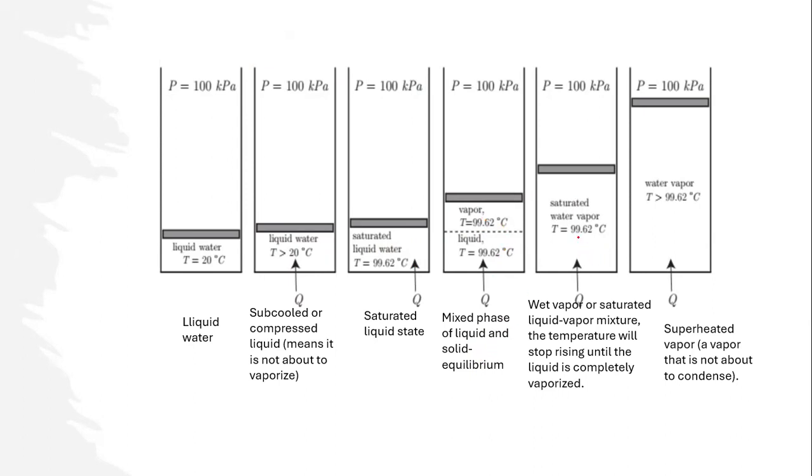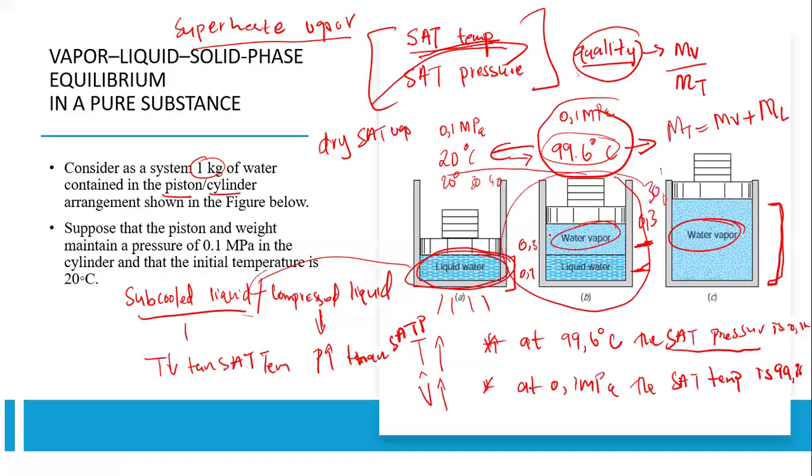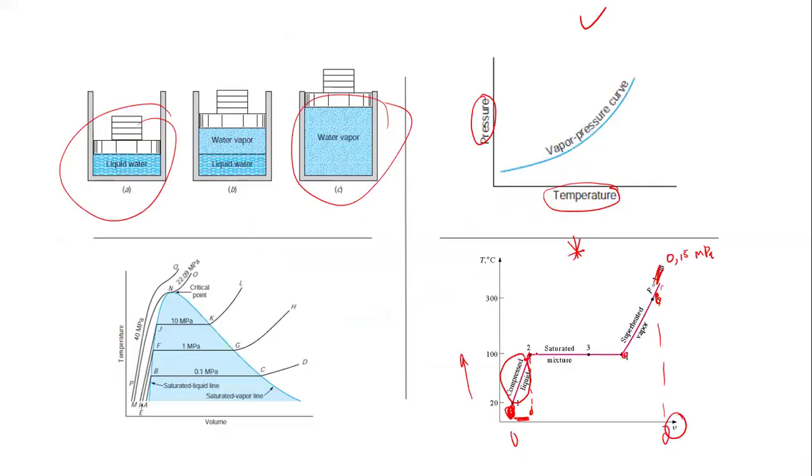And then when the temperature reaches this, whereby now we have the equilibrium, we say saturated liquid-vapor mixture. The temperature will stop rising until the liquid is completely vaporized, right? This is where we have that equilibrium line, this line over here to there, right?